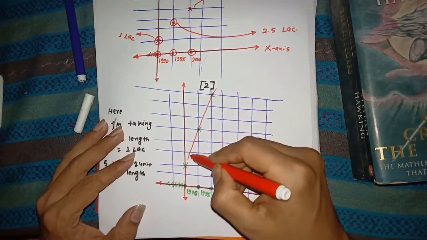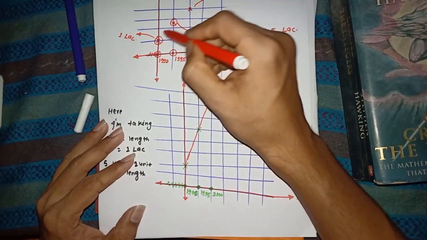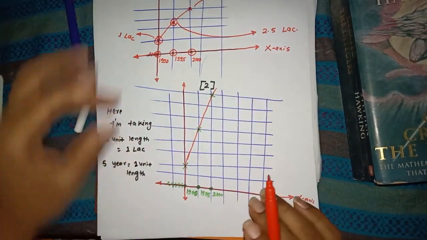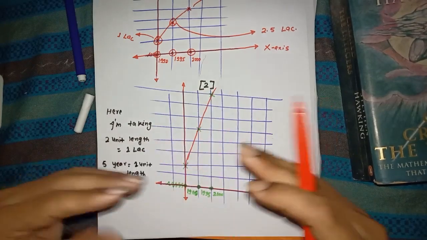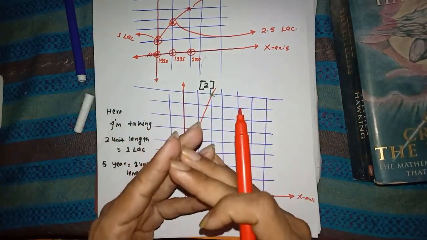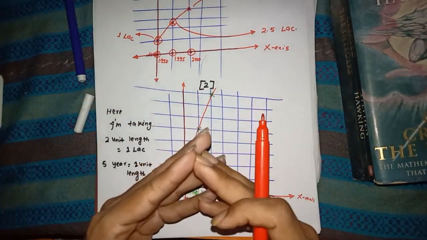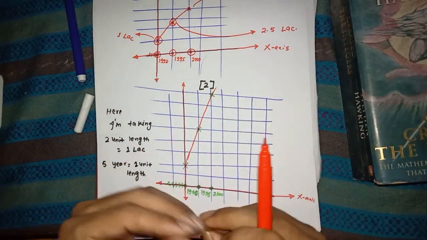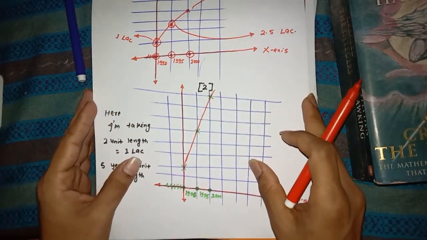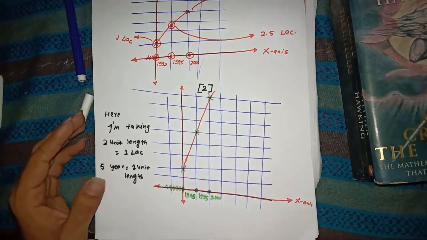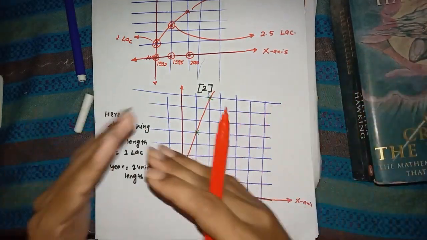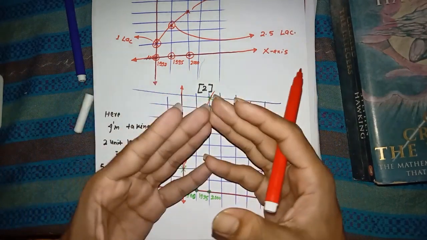So in this way you can see that in this case my graph is somewhat expanded, but in the other case it is contracted. So according to the scale, the graph may be expanded or contracted, but the answer you get from the graph is the same. If your scale is changed, the answer never changes.